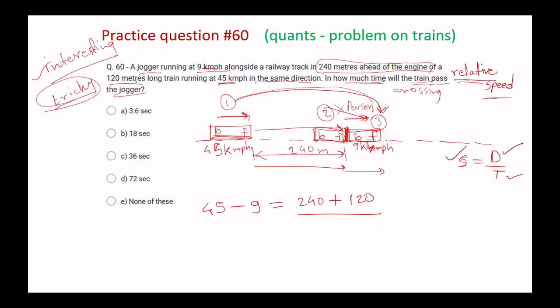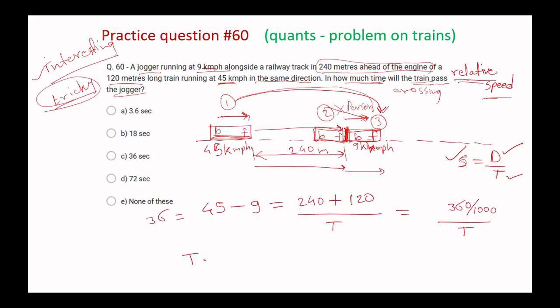What is the time that we have to calculate? Okay, now this 240 and 120 is in meters. We can convert it into kilometers and then we can simply solve it. So 240 plus 120 is how much? It will be 360. 360 upon 1000 divided by t. And this 45 minus 9 will be 36.